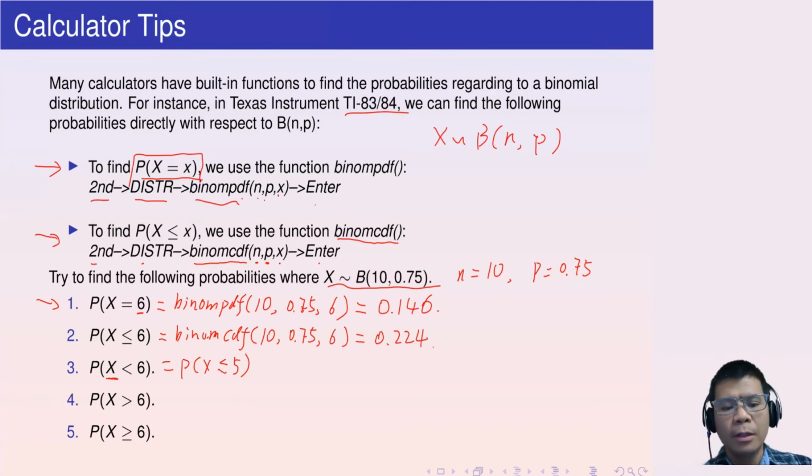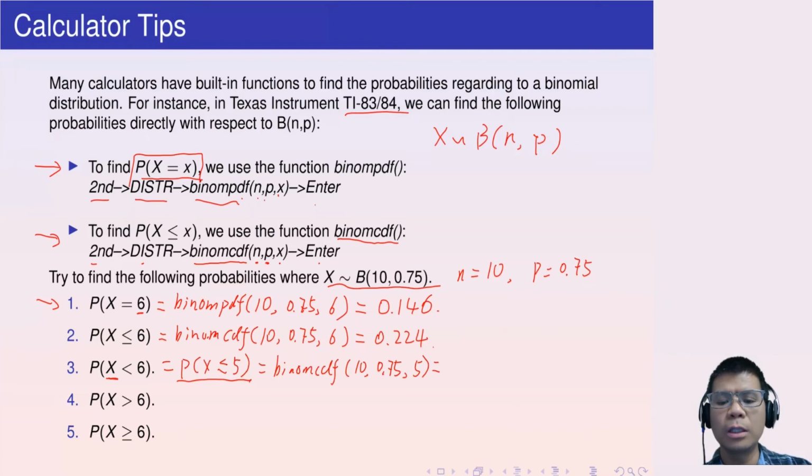Now we see that this is of the second type, less or equal than 5. So this equals binomcdf of 10, 0.75, and here a 5. This equals 0.078.